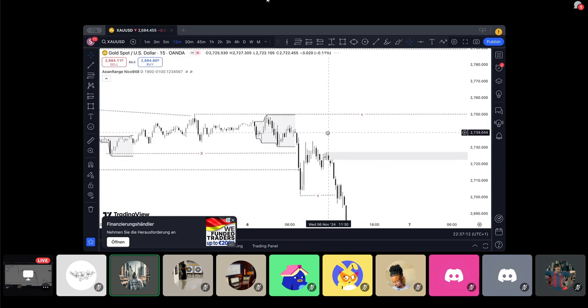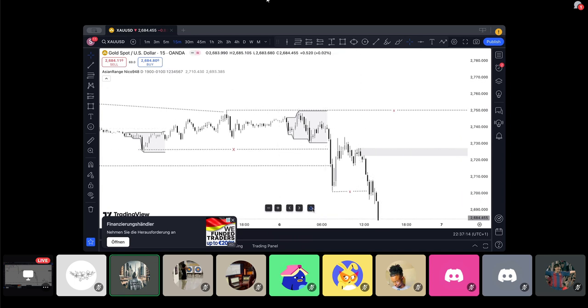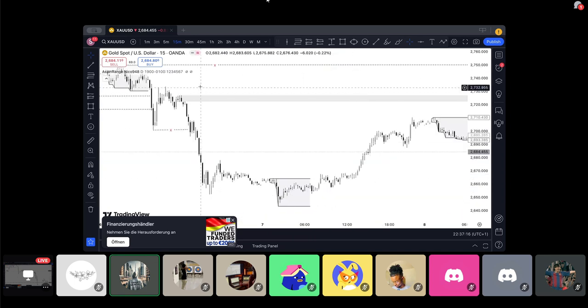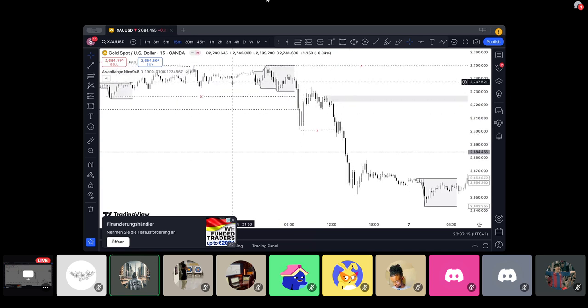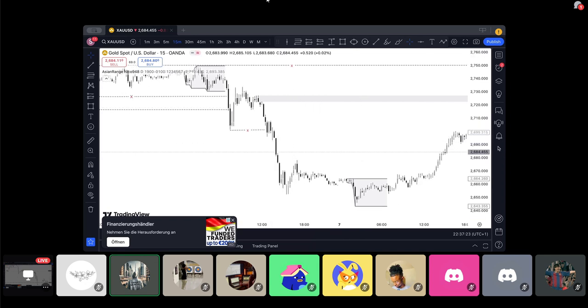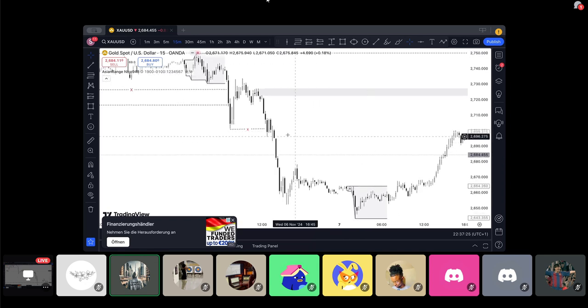Okay guys, so I know some of you might say, you've disqualified the other POI which was above here, but why are you still considering that one? The reason why I'm considering that one is, first, this POI was created through this break of structure.